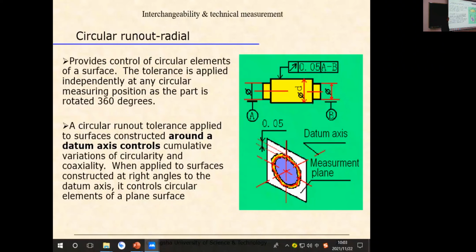But because this is not very circular, it's not a circle. So there is a restricted plane, the two planes. So this radius is 0.05. This is the one point, right? To this axis.